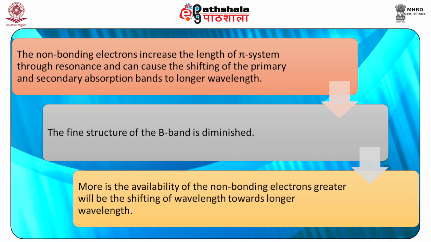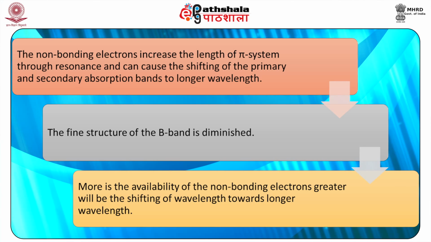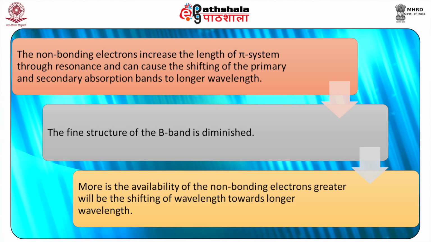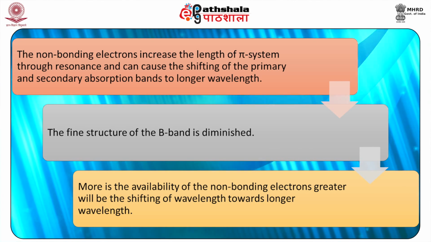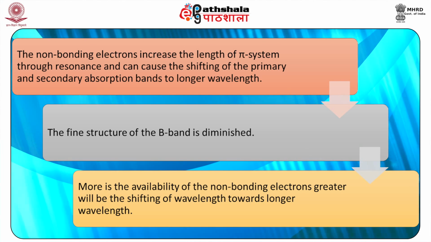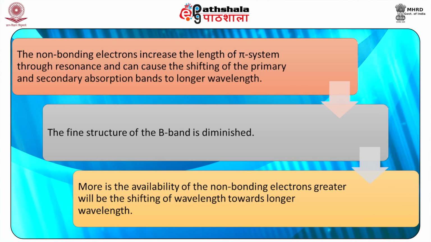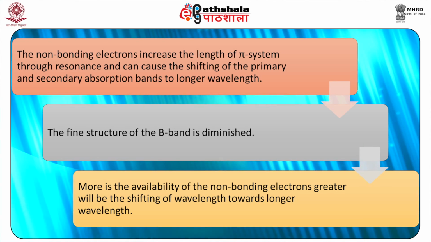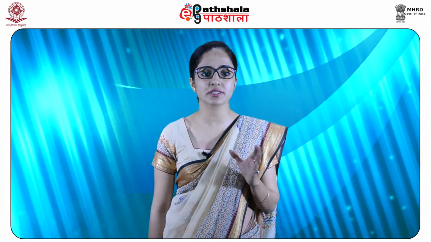The fine structure of the B band is thus diminished due to broader bands. The more the availability of non-bonding electrons, the greater will be the shifting towards the longer wavelength, that is the bathochromic shift again. This effect can be easily seen if we compare the absorption spectrum of benzene and phenol.